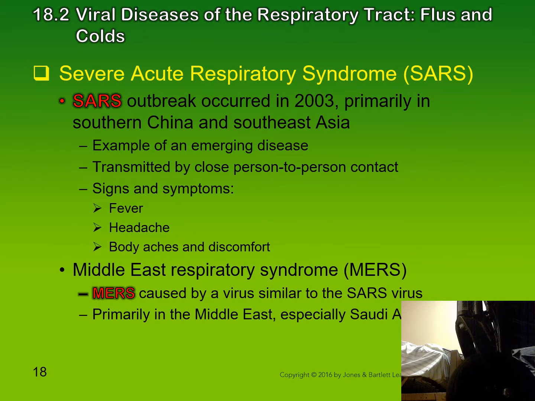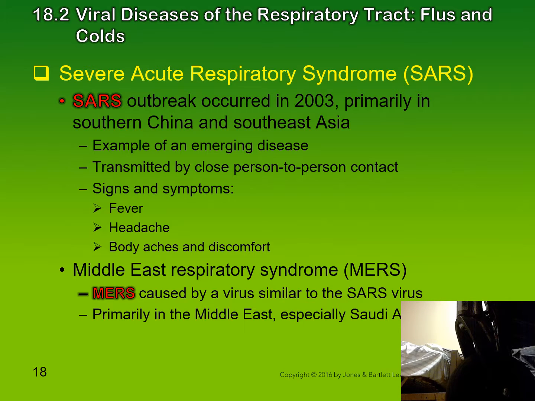Now, some northern diseases: severe acute respiratory syndrome, or SARS. The SARS outbreak first occurred in 2003 and was primarily in southeastern China and Southeast Asia. This is an example of a newly emerging disease.